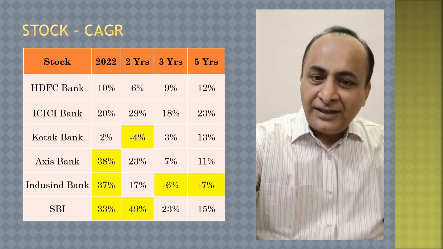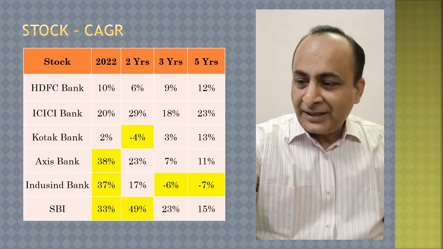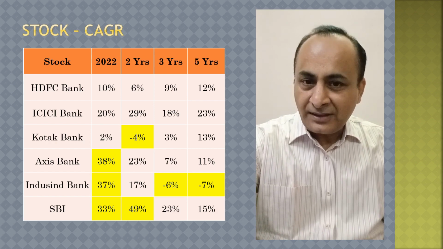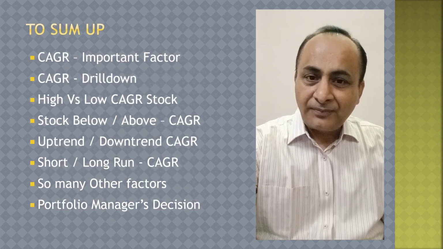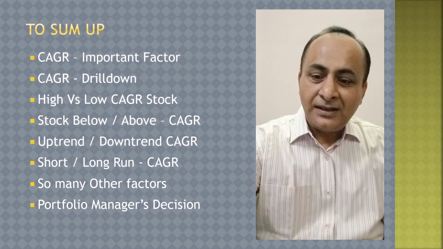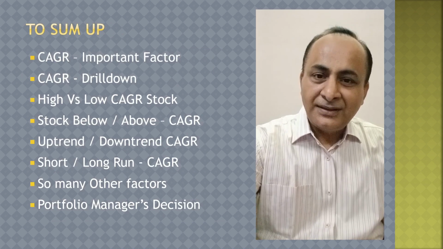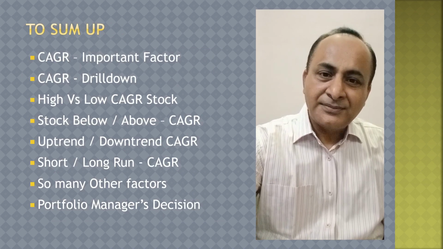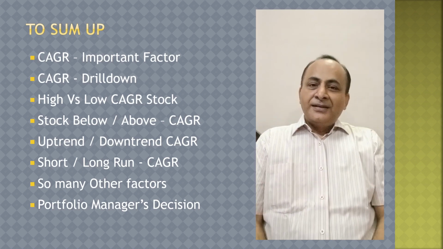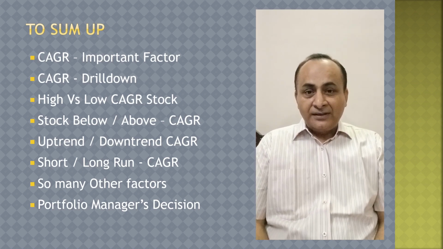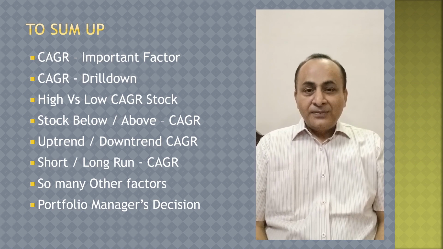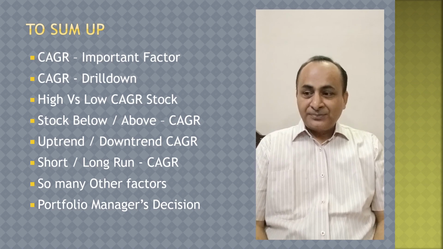CAGR data is available. Anybody can tabulate this data, but to interpret this CAGR parameter is the most difficult call. CAGR will always remain an important factor. You have to consider it.